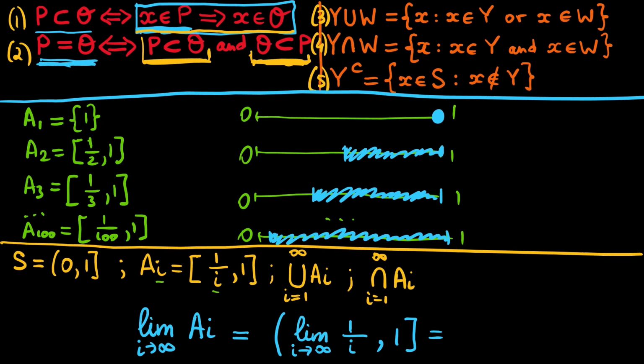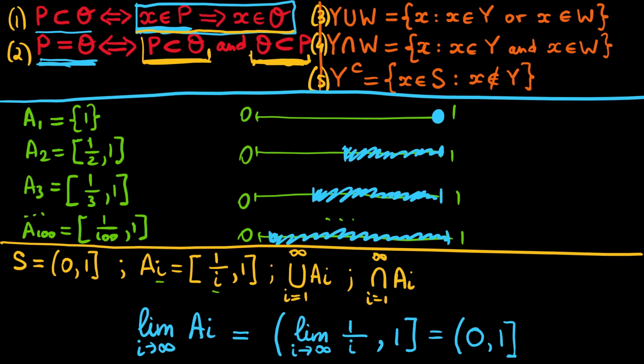So then we have an open parenthesis on the end, and we get the interval from 0 to 1, open at 0 and closed at 1. That's informally what A with an index of infinity would look like.